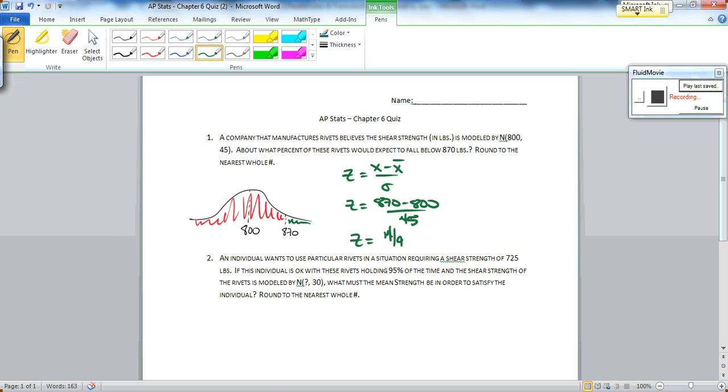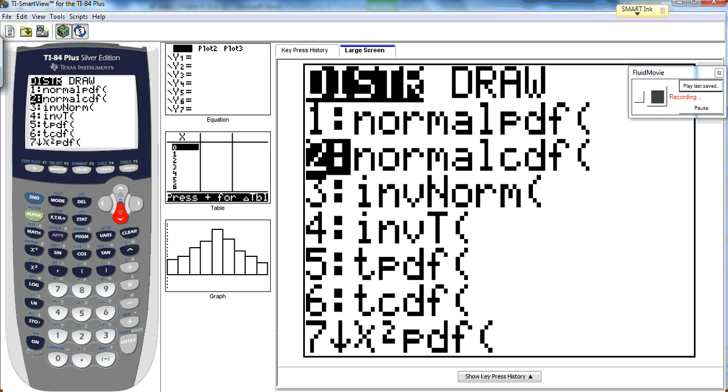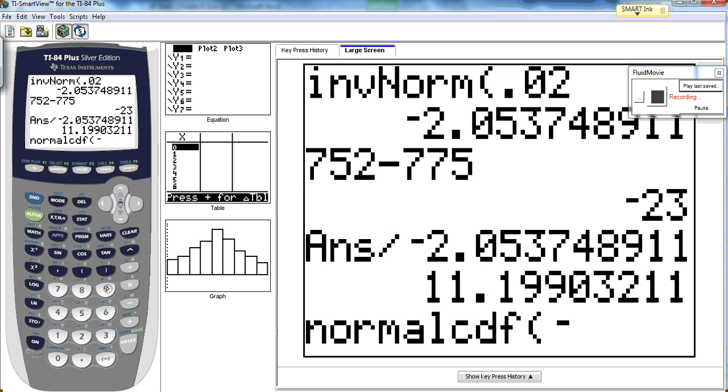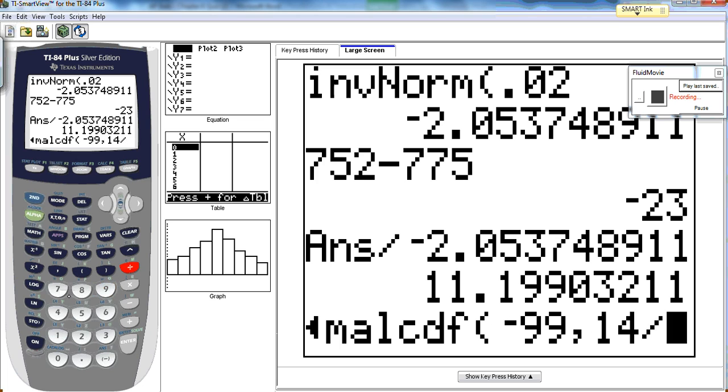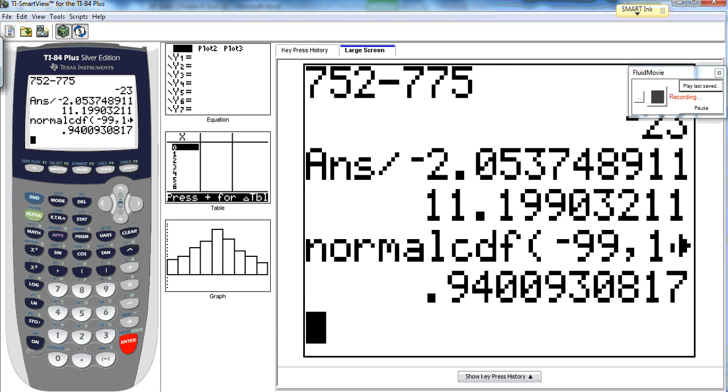So then we go to our calculator, and we want to find the area to the left of this curve, because they fall below 870 pounds, the shear strength less than 870 pounds. Second distribution, normal CDF, our lower bound, we use negative 99. Our upper bound, we're going to use that z-score of 14 divided by 9. And what we see is that 94% of the rivets have a shear strength less than 870 pounds.